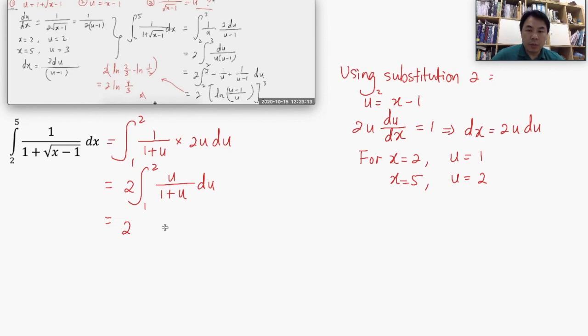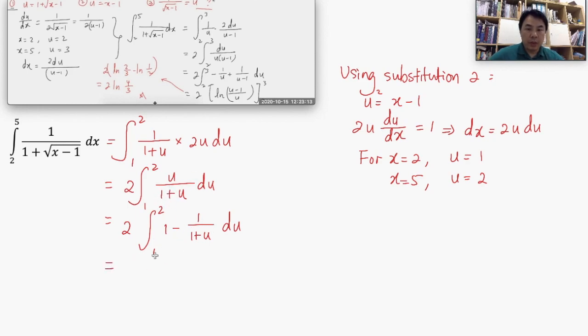Just let me check for a while. It's supposed to be 1 minus 1 over 1 plus u. If you use long polynomial division, that would do the job. Okay, so that would be this. Let me check if I got it right. Yes, okay. So this is the partial fractions for this improper fraction.